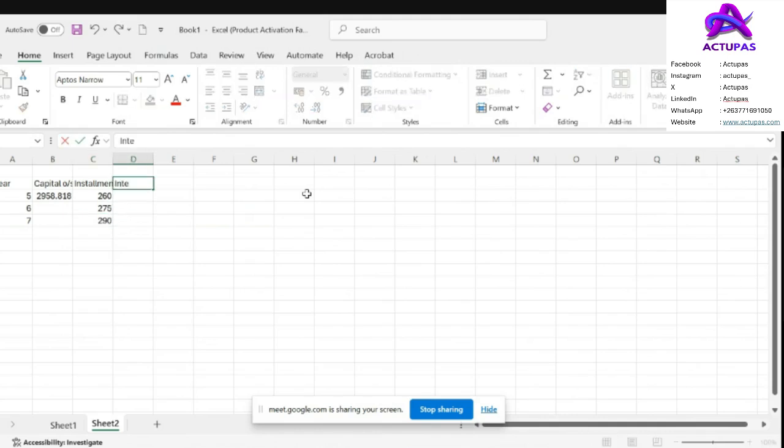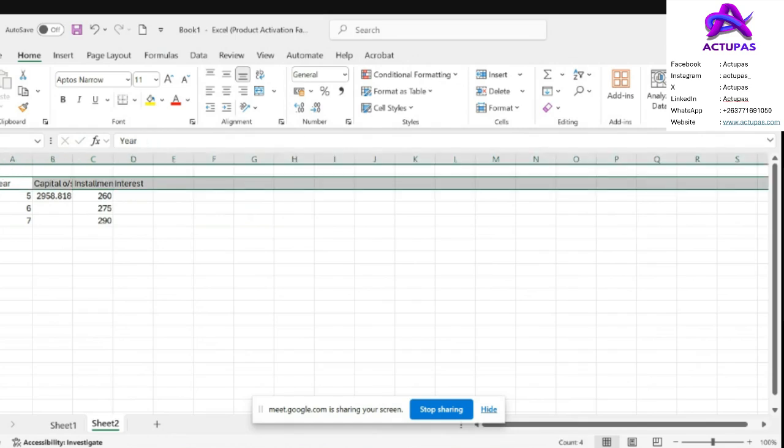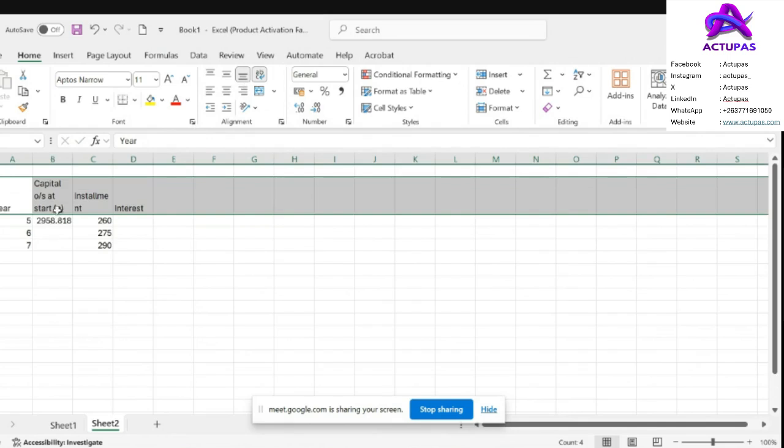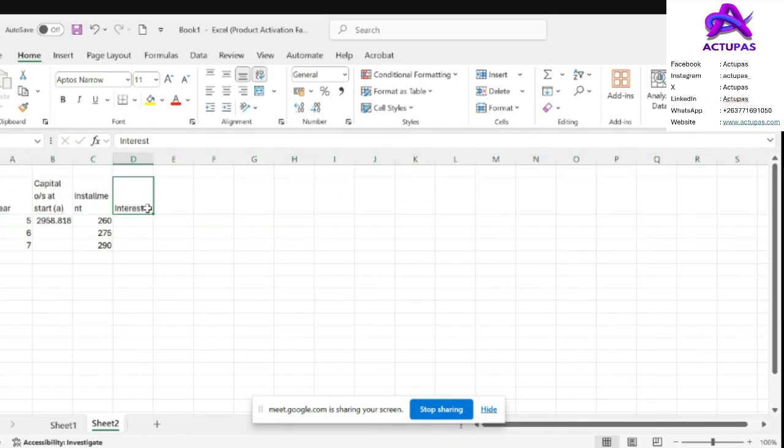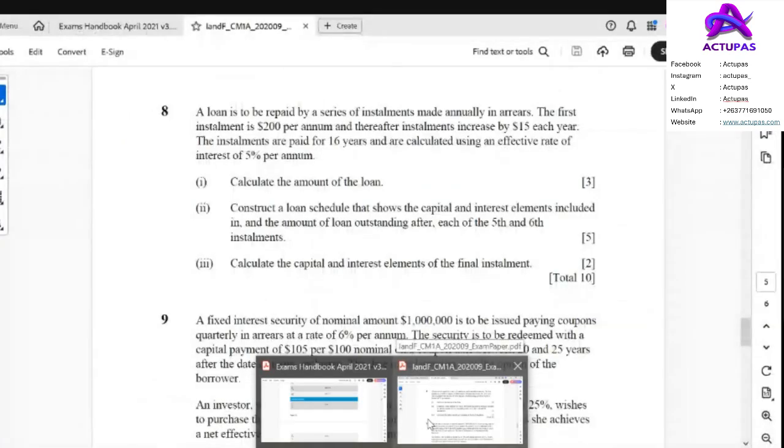And then the interest. Let me just do this so that we can see everything clearly. Our interest rate is 5% per annum.